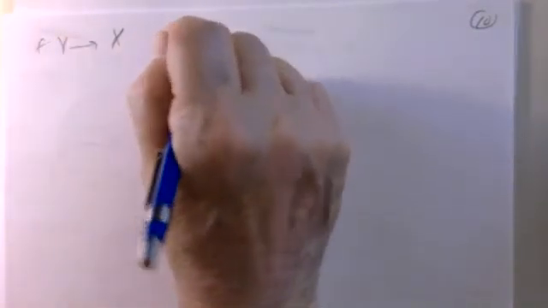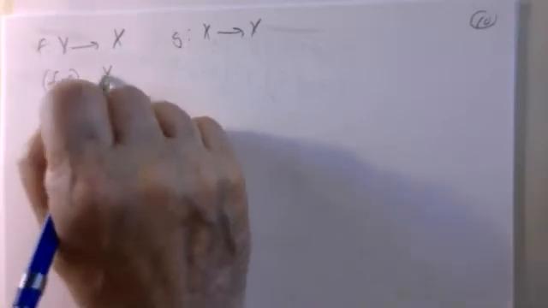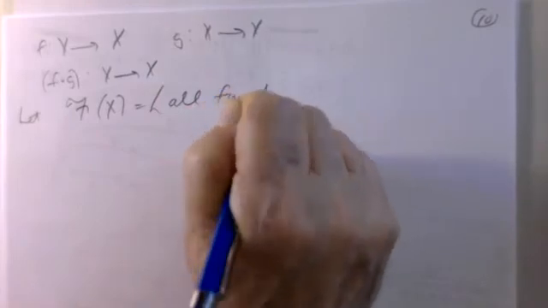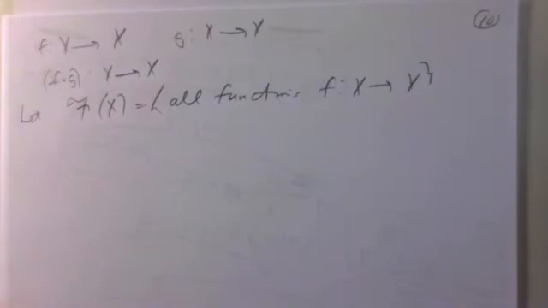Now, suppose we consider functions f from x to x and g from x to x. So f composed with g is also a function from x to x. So suppose I let, I don't know, script f of x be the set of all functions from the set x to itself.